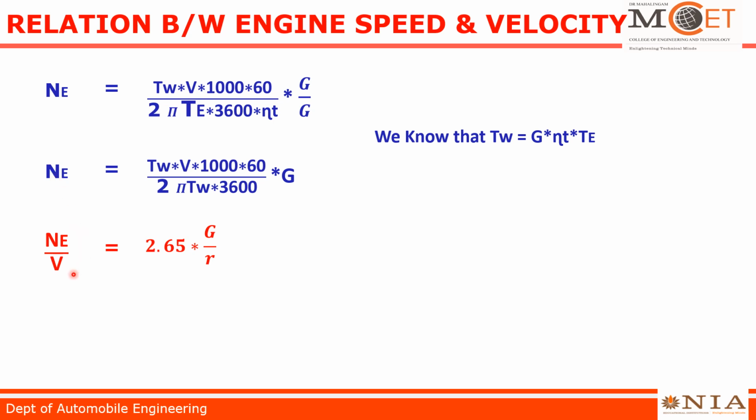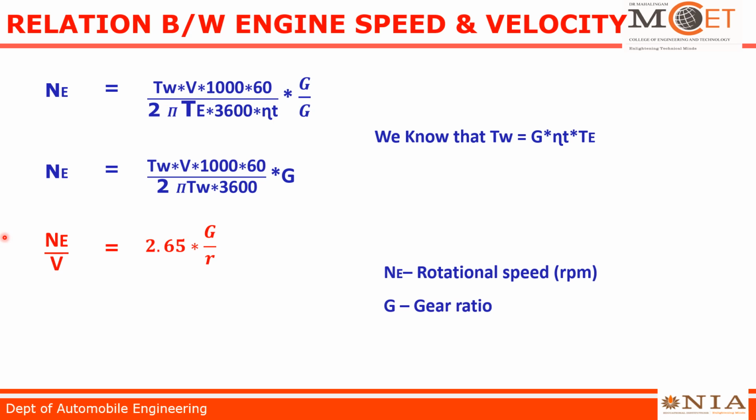This is the relationship between engine speed and vehicle velocity: NE divided by V equals 2.65 into G by r. Here NE indicates rotational speed of the engine in RPM.